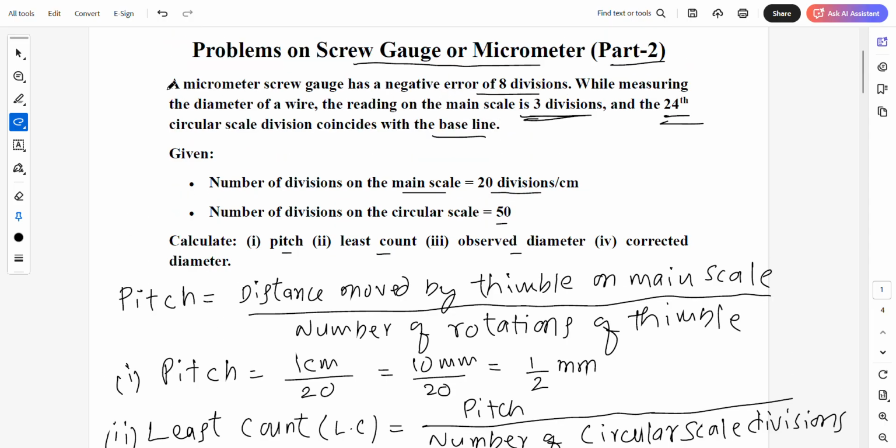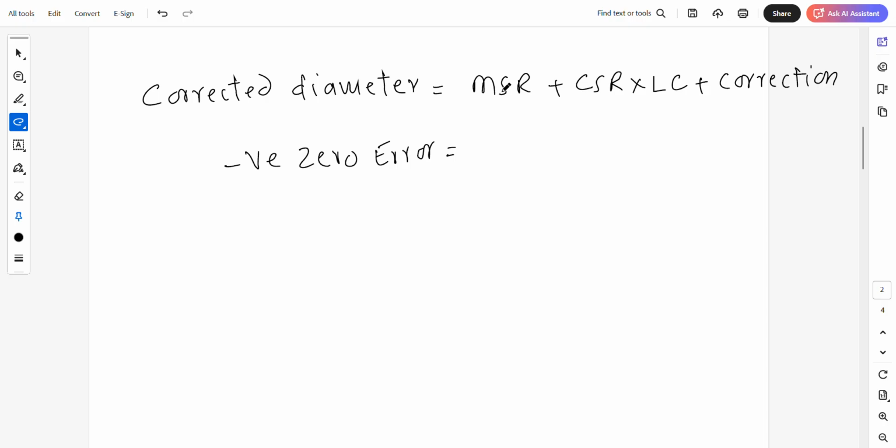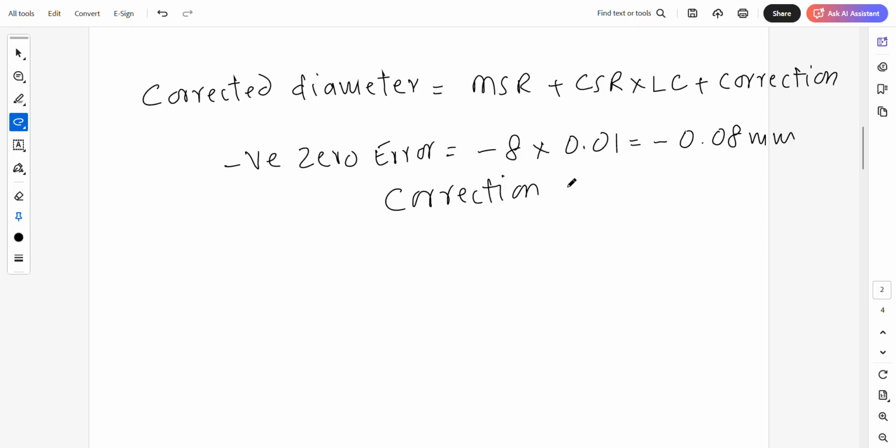Read the first sentence: a micrometer screw gauge has a negative error of how many divisions? 8 divisions. Negative zero error is equal to minus 8 into least count 0.01, that is equal to minus 0.08 mm. Correction is positive, that is plus 0.08 mm.